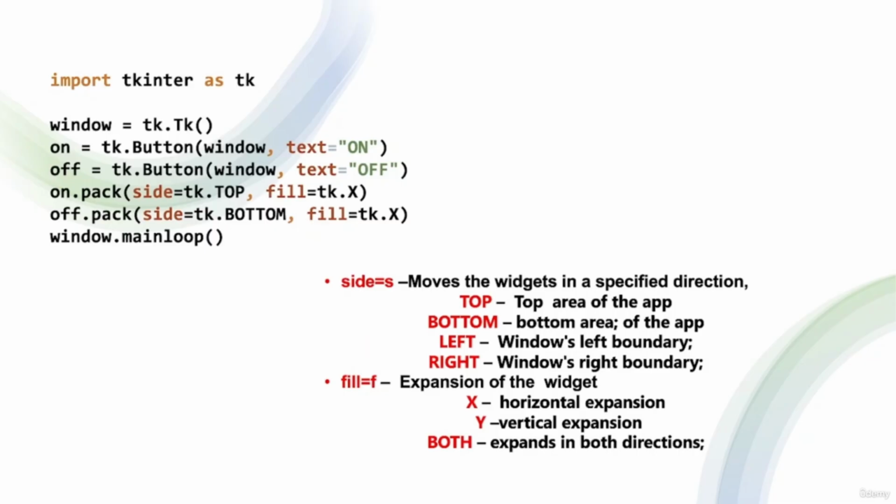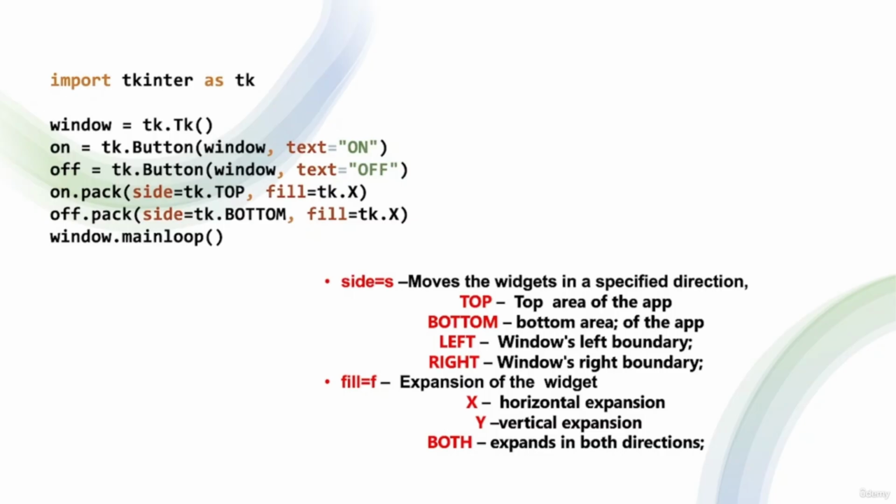When we use the fill parameter, it signifies the expansion of the widget. By assigning the uppercase letter X to the fill parameter, we will expand the widget horizontally. We will expand it vertically if we assign the uppercase letter Y to our fill parameter.